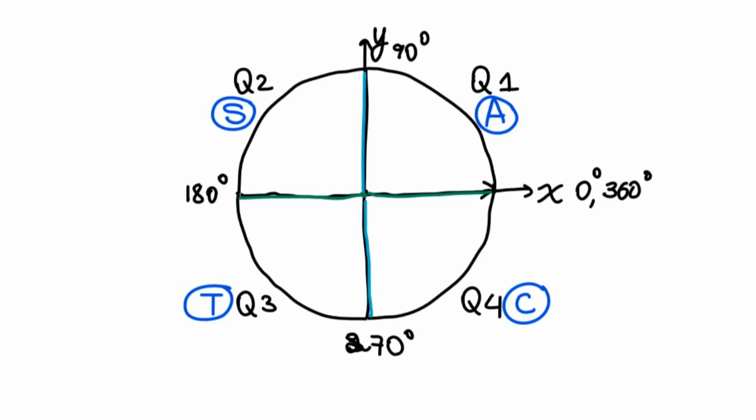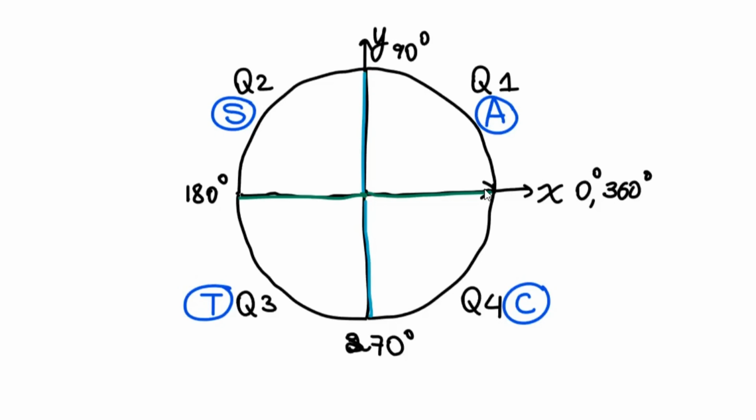For example, if I look at this angle here, there is no vertical distance, right? There is no vertical change here. The line is right on the horizontal axis. Therefore, the opposite side is 0. And if I wanted to determine the sine ratio of this angle, the opposite side would be 0.